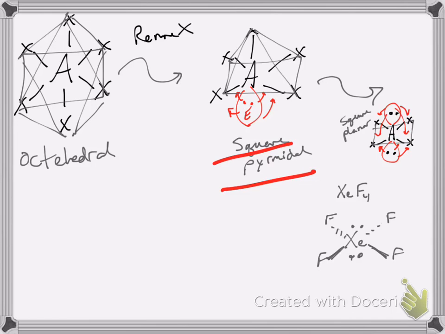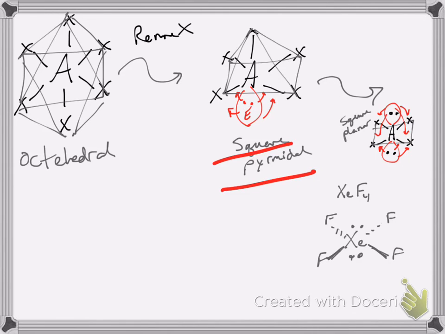And if we remove 2 X's, we end up having this square planar geometry where we have an electron domain on top and on bottom, like those 2 balloons, with a square in the middle. So that's our square planar geometry. And then a classic example of that is xenon tetrafluoride.